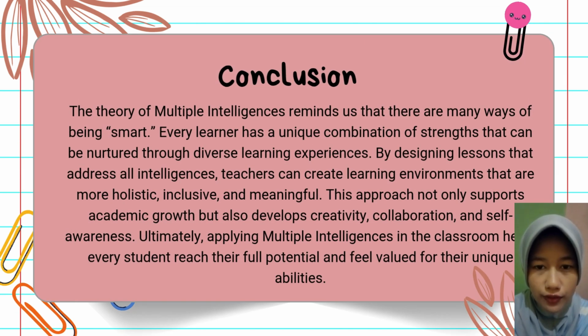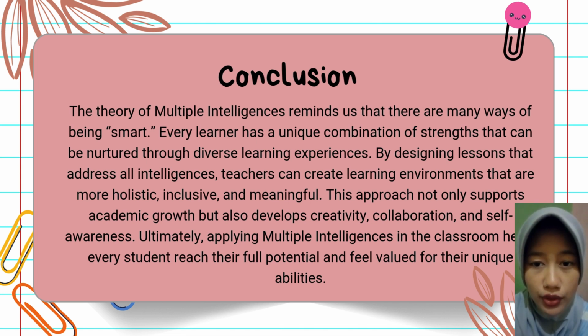And the conclusion from our presentation is that the theory of multiple intelligence reminds us that there are many ways of being smart. Every learner has a unique combination of strengths that can be nurtured through diverse learning experiences. By designing lessons that address all intelligences, teachers can create learning environments that are more holistic, inclusive, and meaningful.